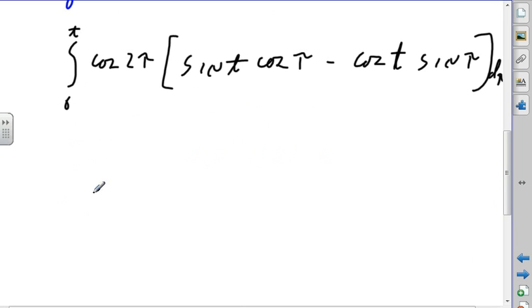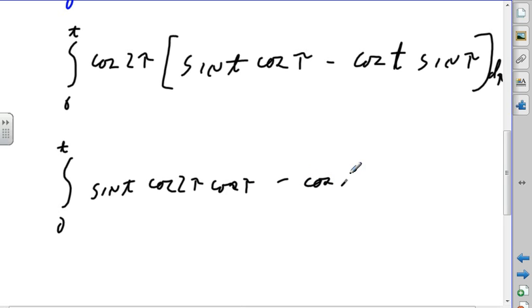Okay, now I've got the integral from 0 to t of sine t cosine 2 tau cosine tau minus cosine t cosine 2 tau sine tau, d tau.